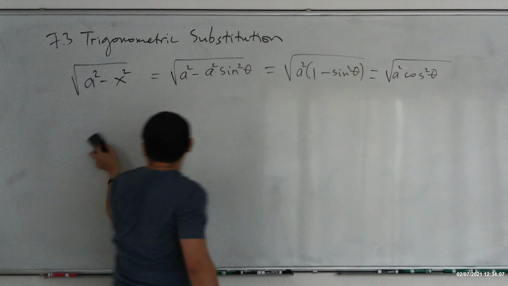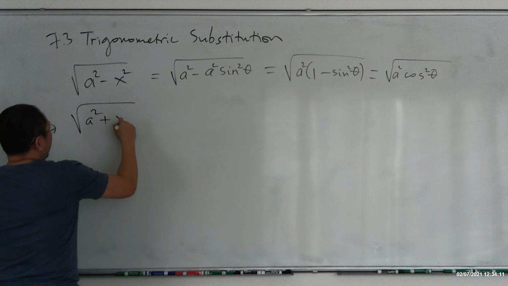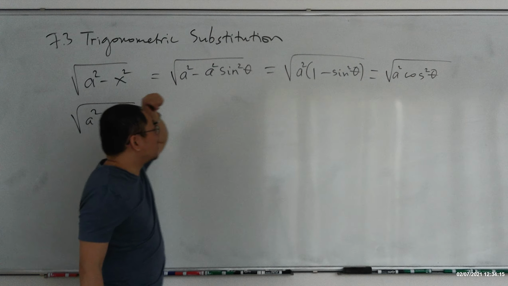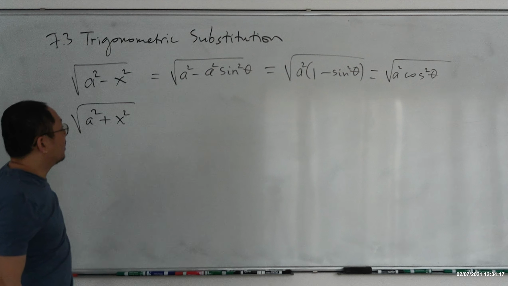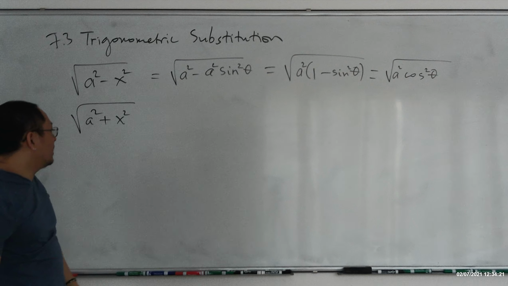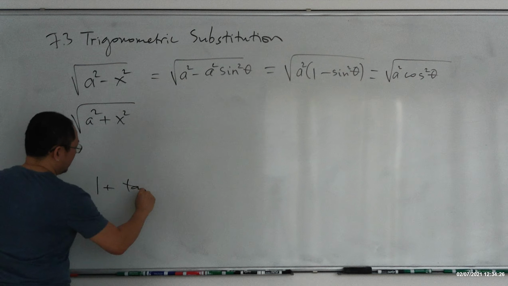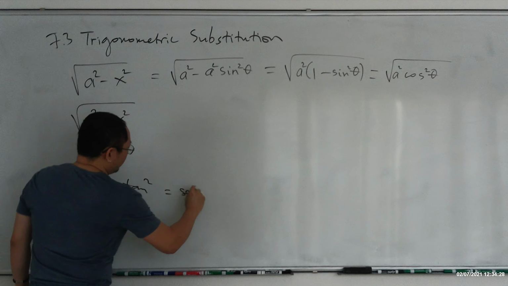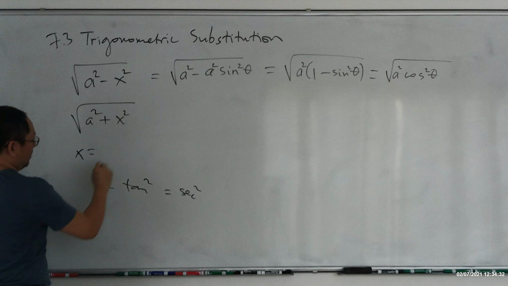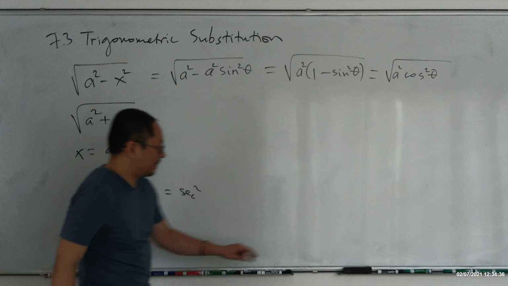The second type is the square root of a squared plus x squared. If it's subtraction, you think of 1 minus sine squared, you have cosine, or 1 minus cosine squared, you have sine. Or if this is addition, you can think of 1 plus tangent squared, which gives you secant squared. That's the key. So I'll let x equal a tangent theta.